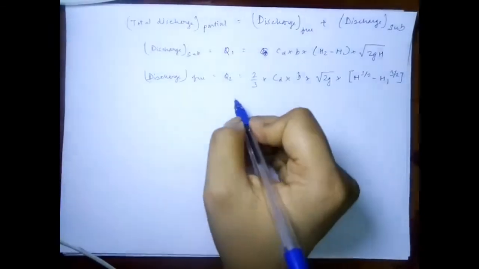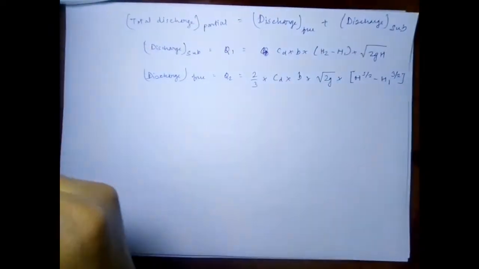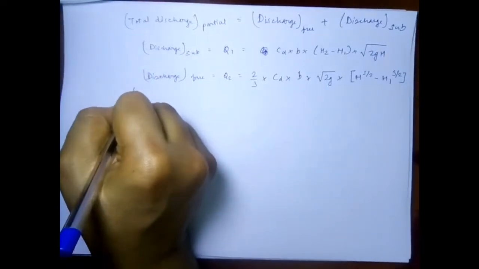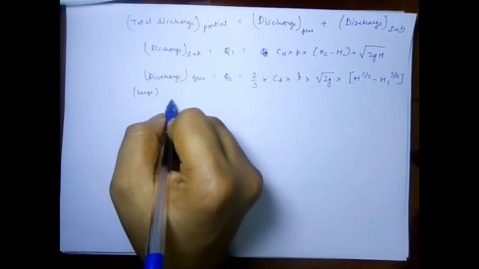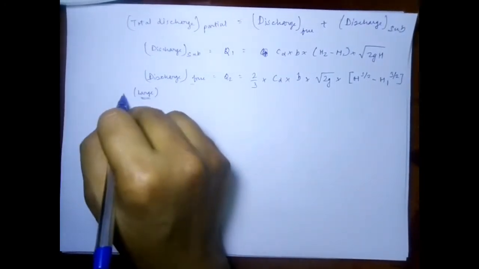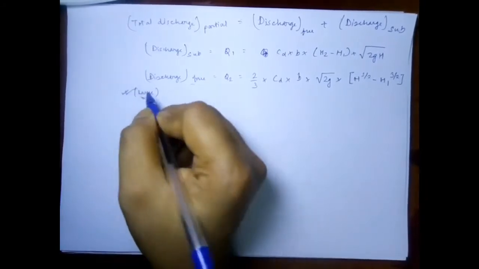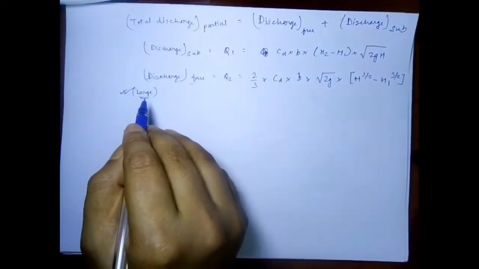So this is the discharge through a large or a free orifice. This derivation is available on the internet, you can check. I am not deriving the discharge through the large orifice.